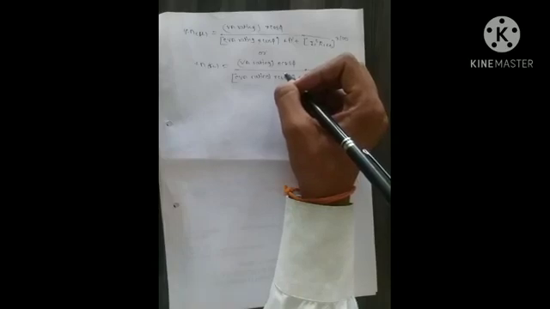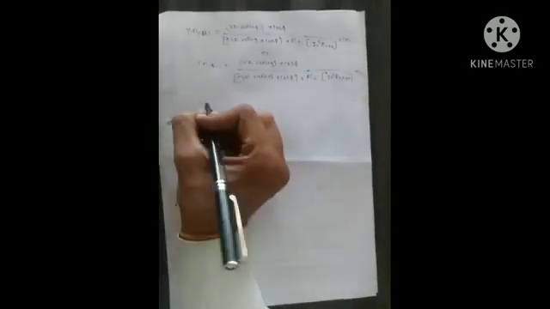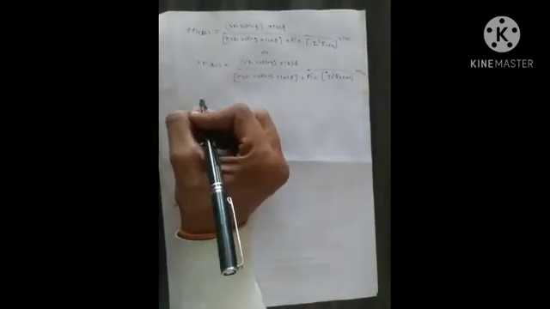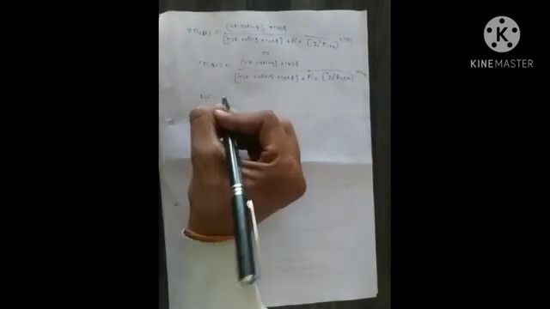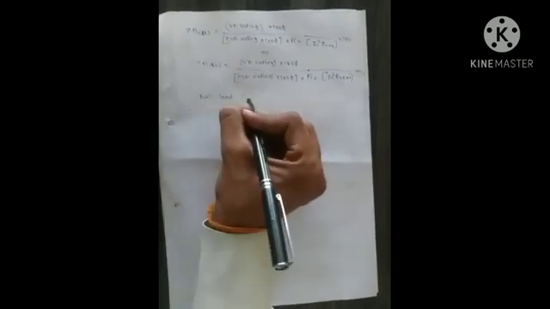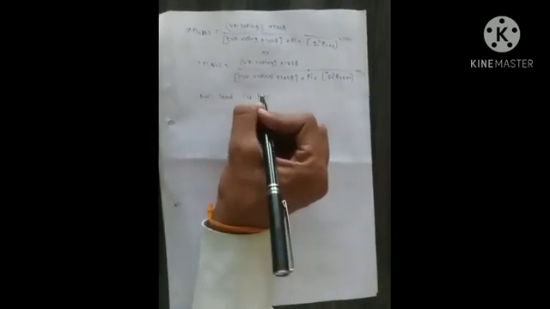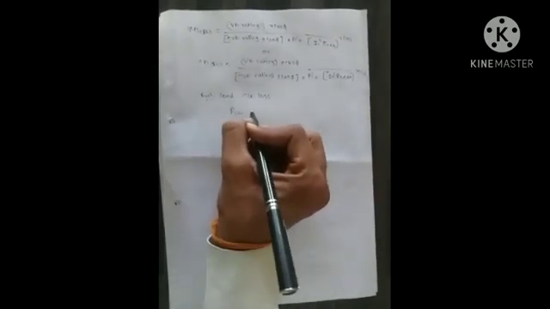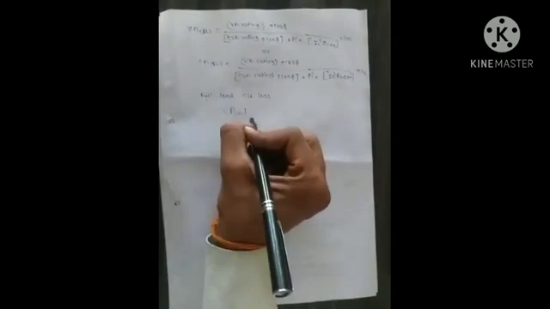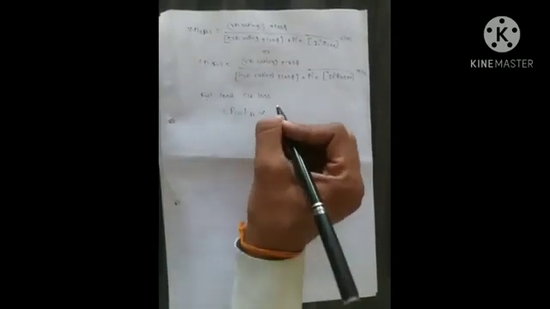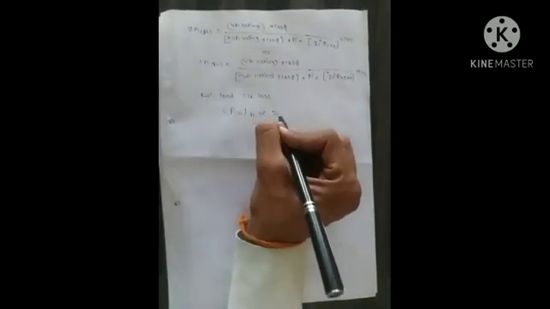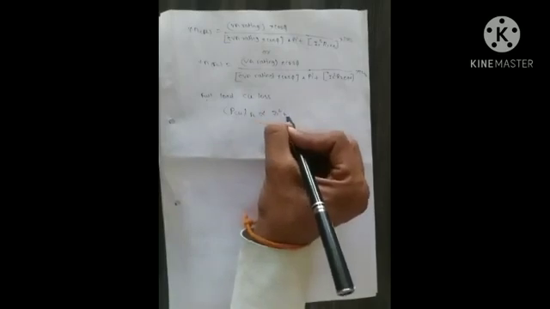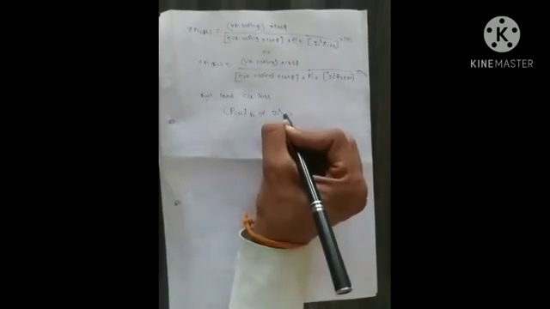After that we have to calculate the full load copper loss. We know that PCU at full load is directly proportional to I1 square at full load.